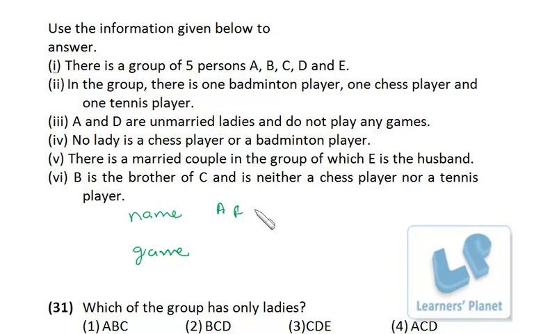A is female, D is also female, they do not play any games, right? No lady is a chess player or a badminton player. Okay. There is a married couple in the group of which E is the husband. That means E is male.